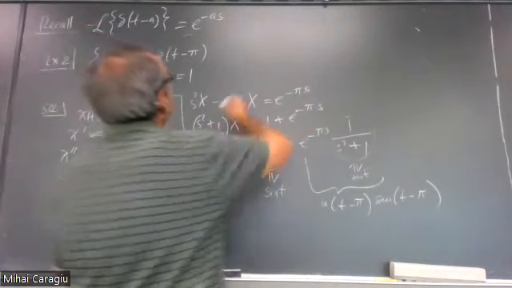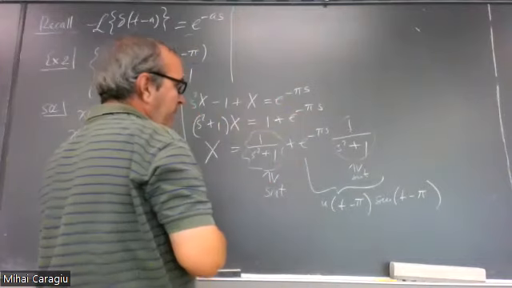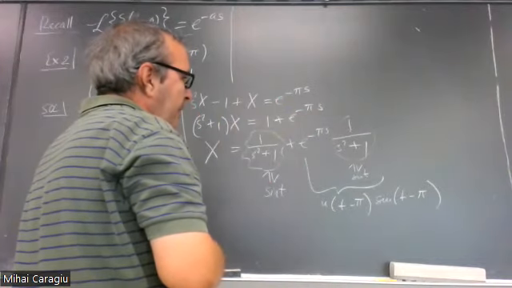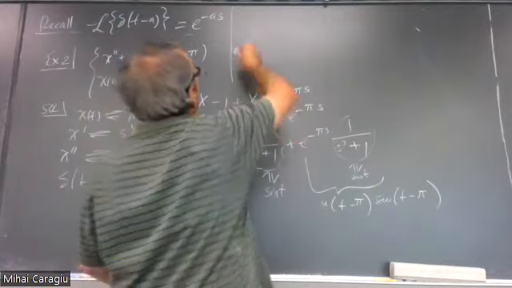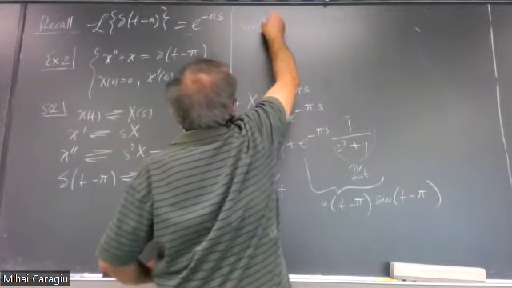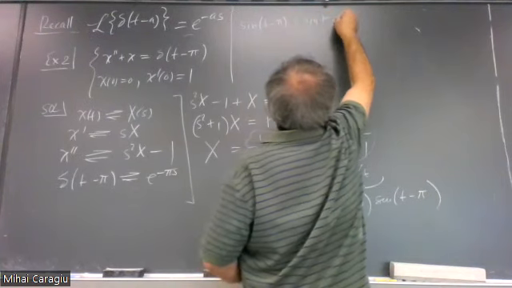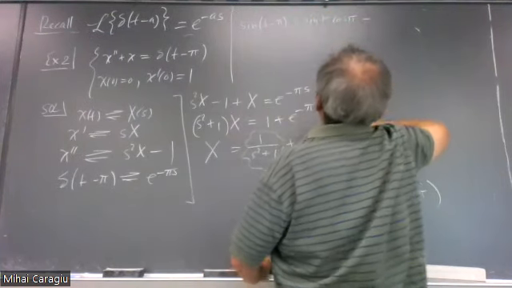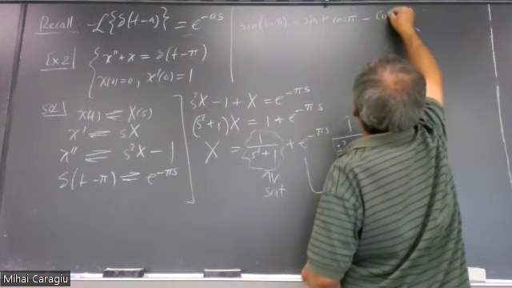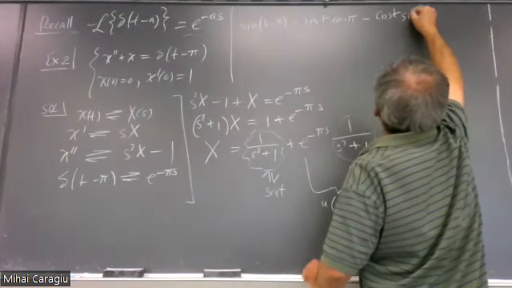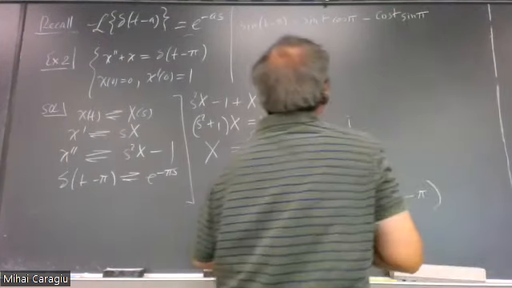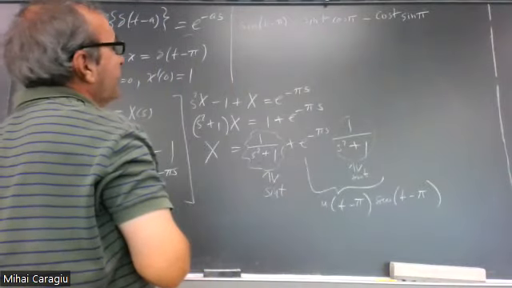So let me write down a trick on a scrap paper. Sine of t minus pi is sine t cos pi minus cos t sine pi.